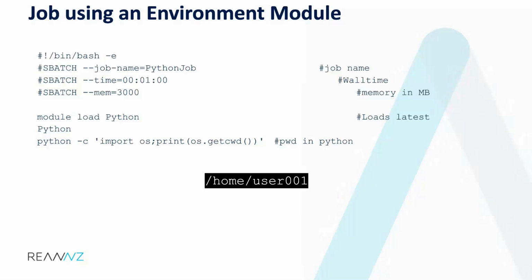Here is an example of a serial job loading and using the Python module. Since we've used the command module load Python here without specifying a specific version of Python, we will use the default version on the system, which is usually the latest version. To use a specific version, just use the full version name of the desired version as shown when you search for your software with module spider. We can then use the software-specific commands in our Slurm script.